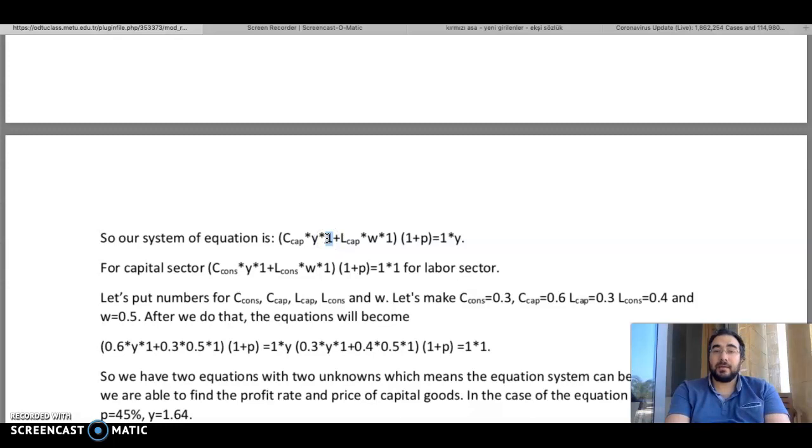This is the amount of capital goods used for producing 1 unit of the product.